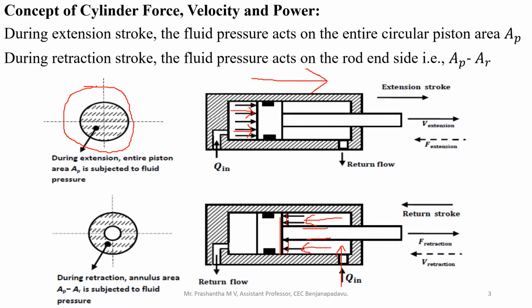So AP minus AR gives the annulus area. The fluid flow happens in this direction, so the piston rod comes inward, and the piston travels leftward in this diagram. So this is the basic concept.